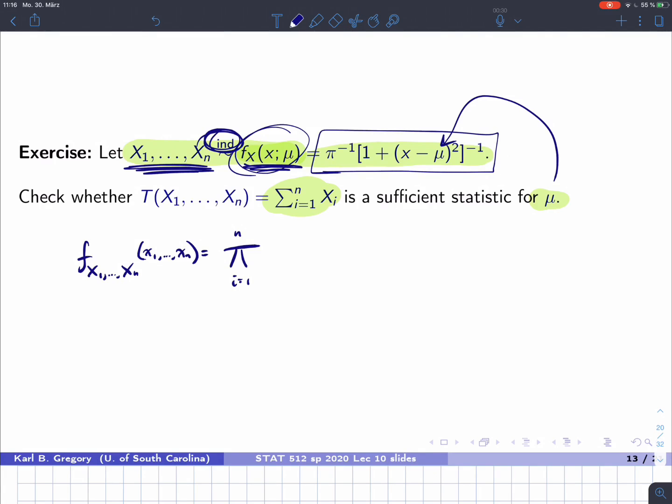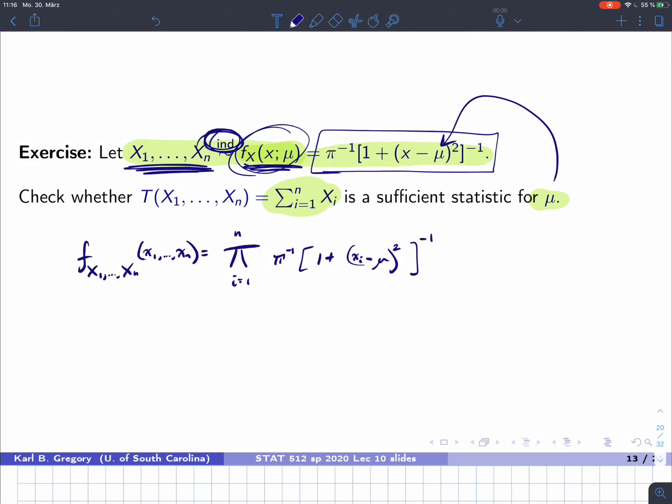So this thing, x minus mu squared, squared to the minus 1. Okay. And I need to write xi minus mu.